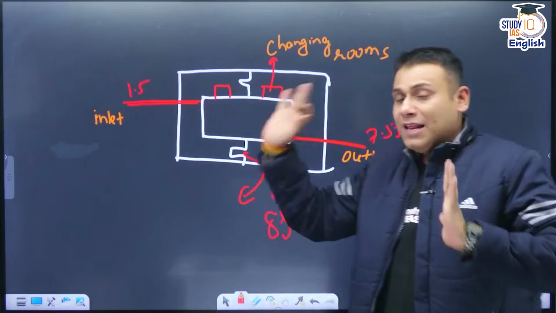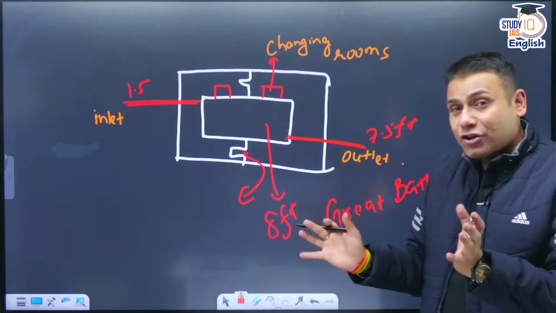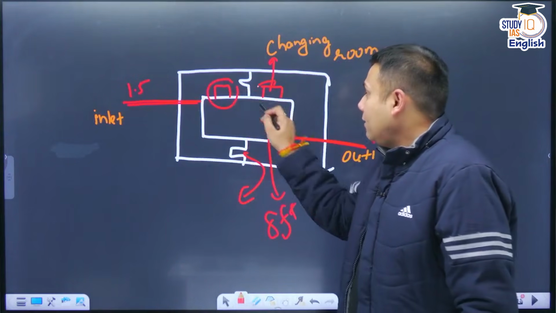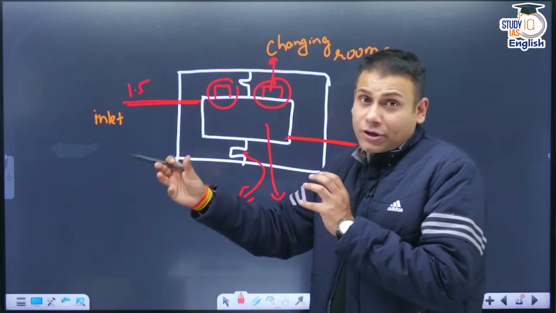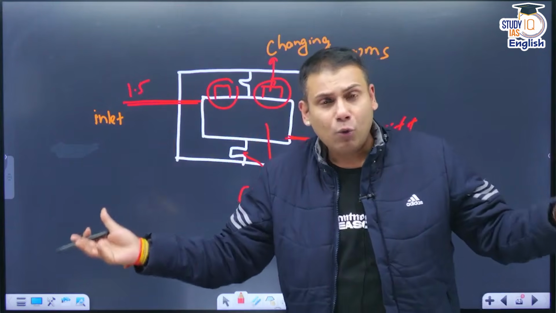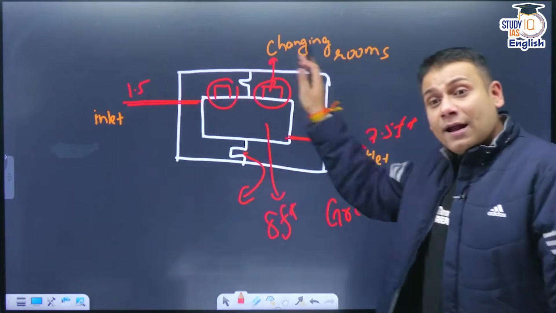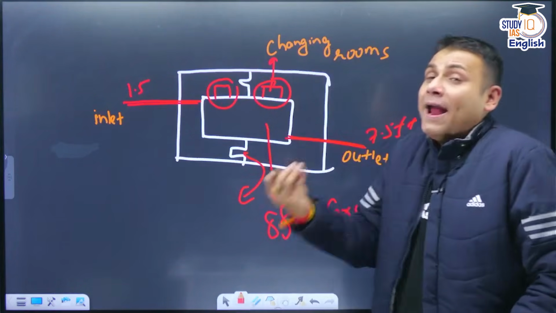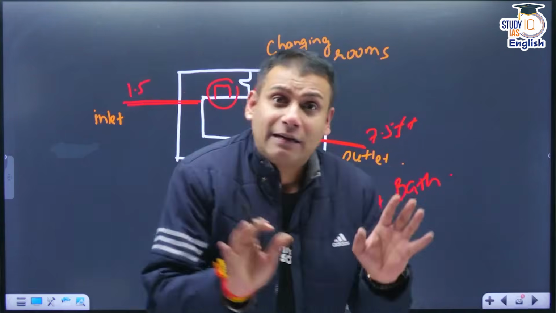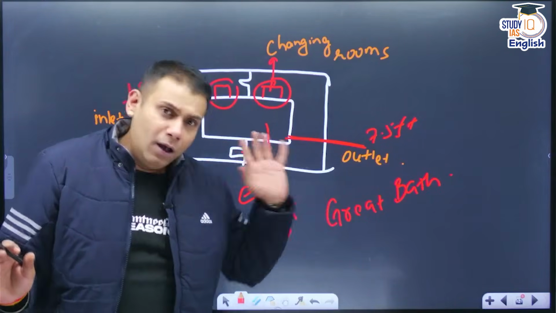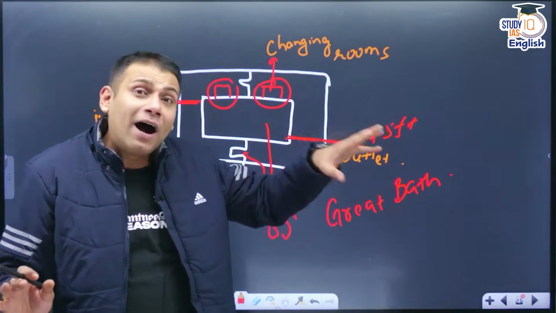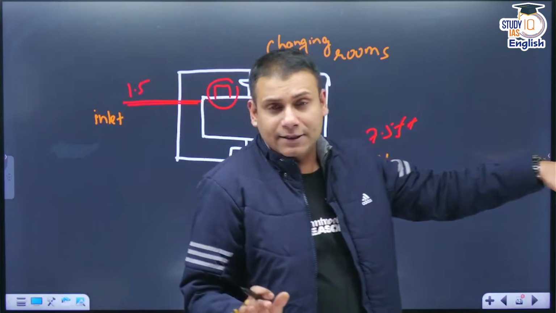Correct? Near the pool or near the structure, one can find small cubical structures, probably a changing room. And the entire Great Bath might be a part of ritualistic practice. I repeat, it might be a part of ritualistic practice.